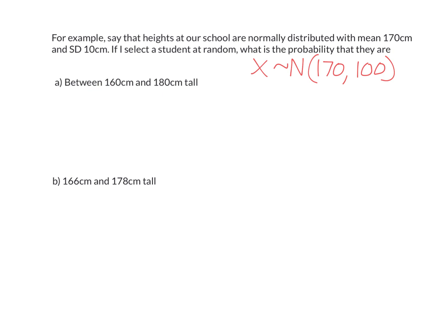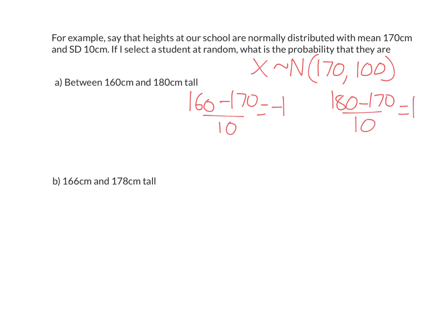So to find the probability of being between 160 and 180 centimeters tall, I'm going to convert both of these scores into a z-score. So to do that, I take score minus mean divided by standard deviation. So what have I actually found?